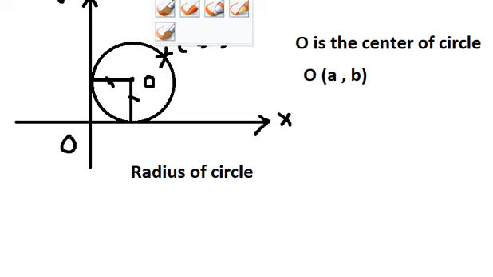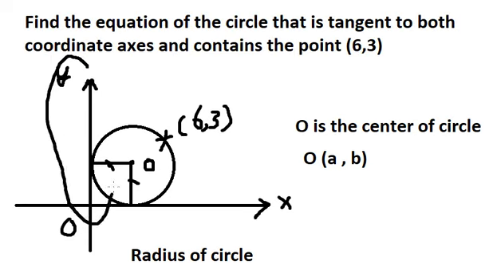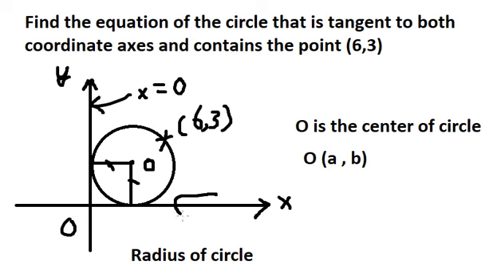So that means we have the distance between O and this line, which is x equal to 0, and this one which is y equal to 0.